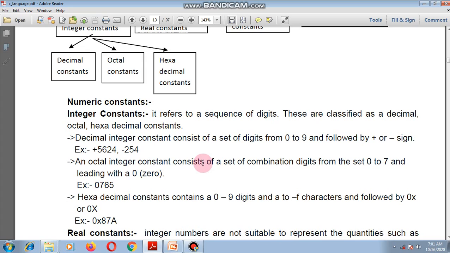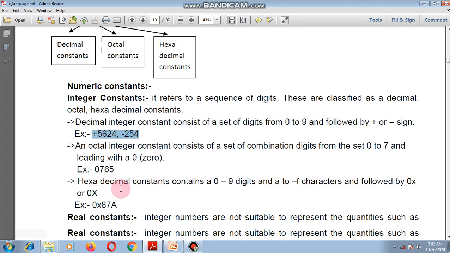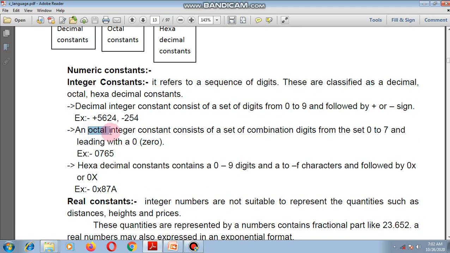Once again I am repeating: integer constants refer to a sequence of digits and are classified into three types. Decimal integers contain the numbers 0 to 9 and are followed by the plus or minus sign. An octal constant contains the numbers 0 to 7 and is leading with a 0.